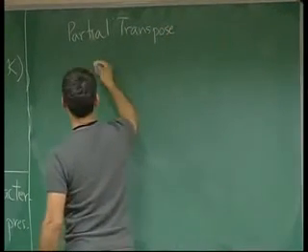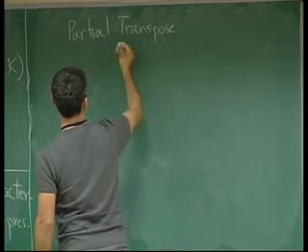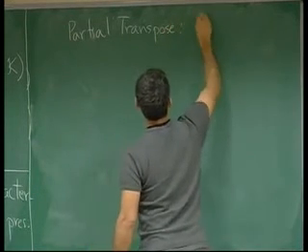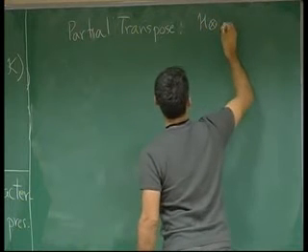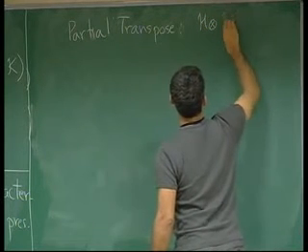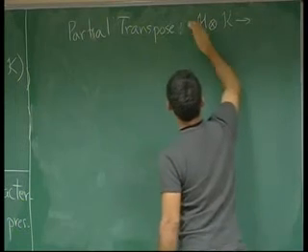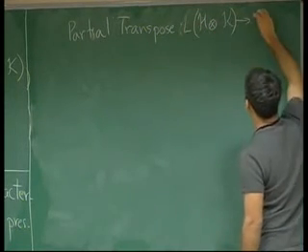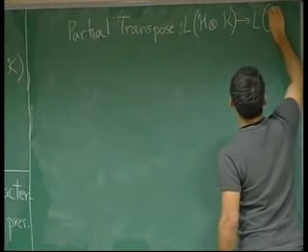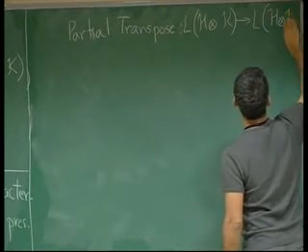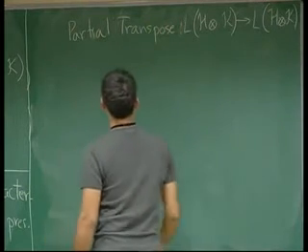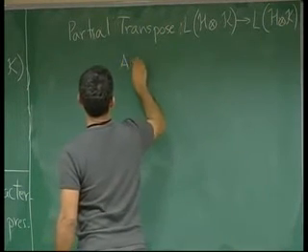and so let's see how this goes. So it acts on a bipartite state. It acts on density matrices on a tensor product of spaces, takes it to the same space, and it's defined as the linear extension.